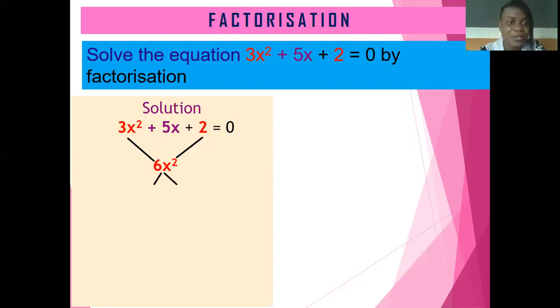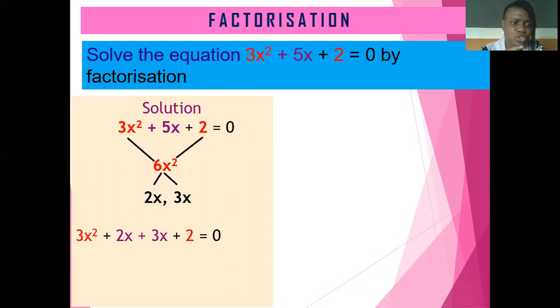So 6x squared, now we have 2x and 3x. The 2x and 3x are going to replace 5x. So we're going to say goodbye to 5x and replace it with 2x and 3x. Same procedure here. We're going to group them in groups of 2, and then we factorize.